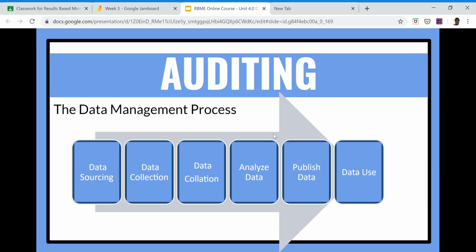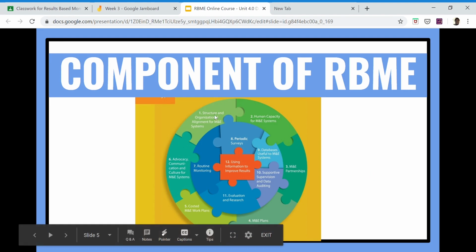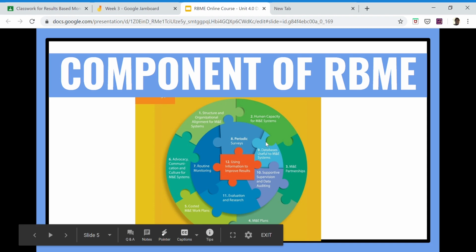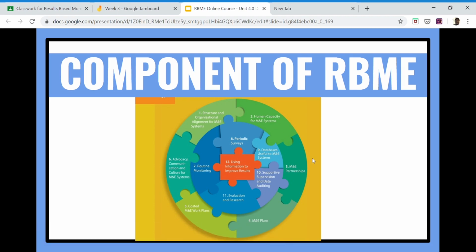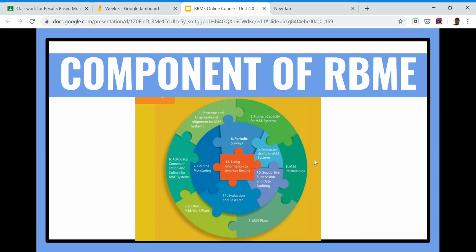So if you think about it, what it means is that supportive supervision focuses on the green ring, the blue ring, and even at the point at which you want to use the information for results, or for better decision making, while data auditing will only focus on this blue ring, which is the heart of the M&E system.